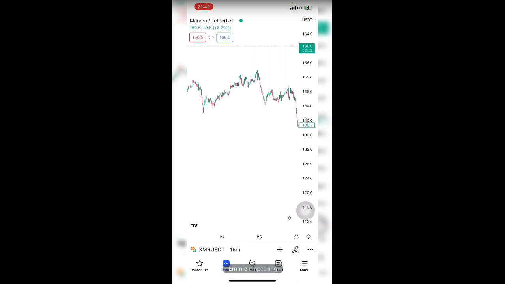Now look at it. How to draw our traditional support and resistance. I want you to know that your support and your resistance, there are two. You can say a traditional support line or resistance line, or you can say support zone or resistance zone. But ideally, you should be using zone.